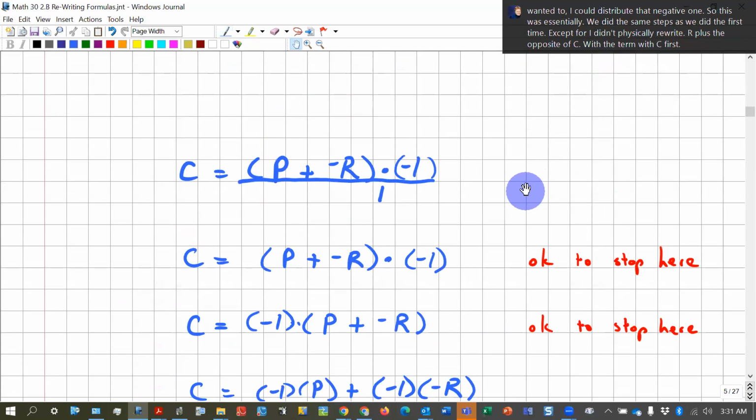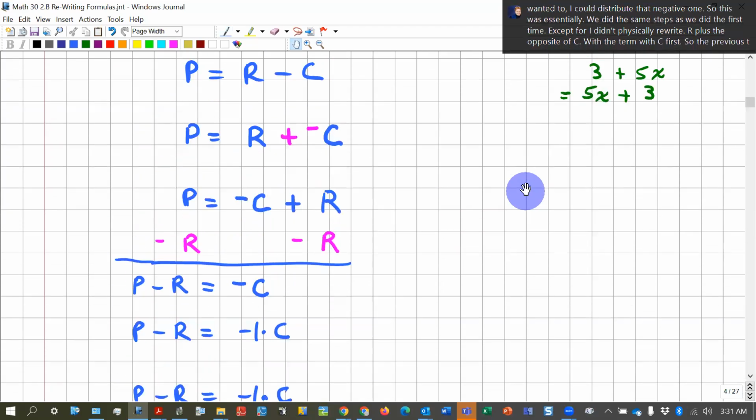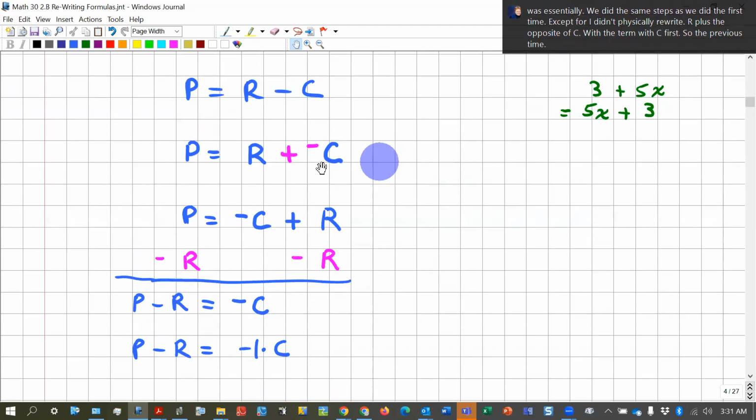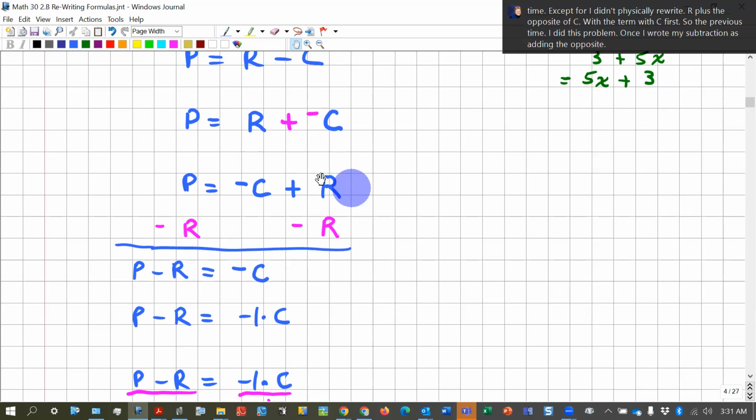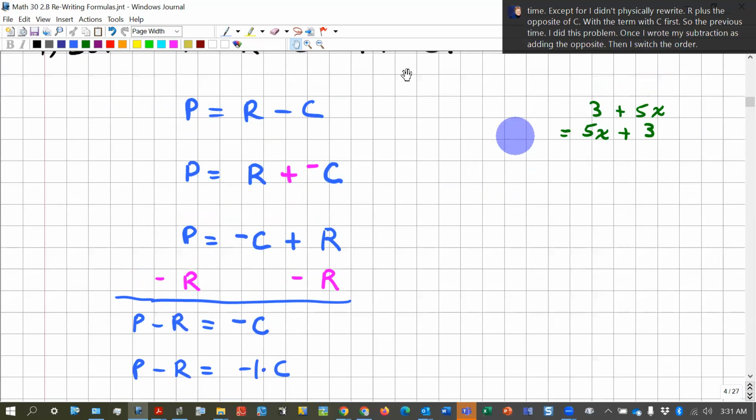The previous time I did this problem, once I wrote my subtraction as adding the opposite, then I switched the order of the terms because usually we like to see the variable term first, then the constant term.